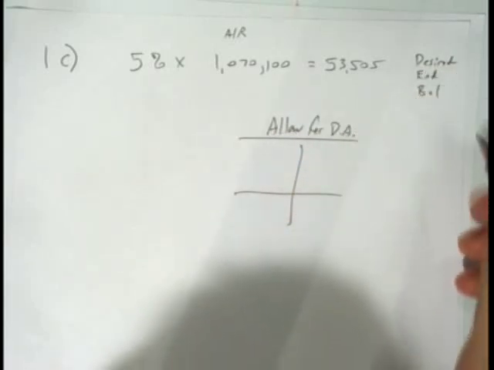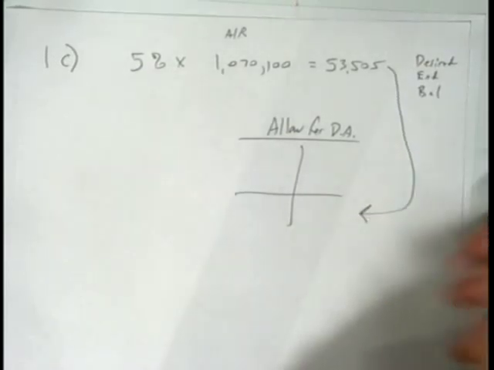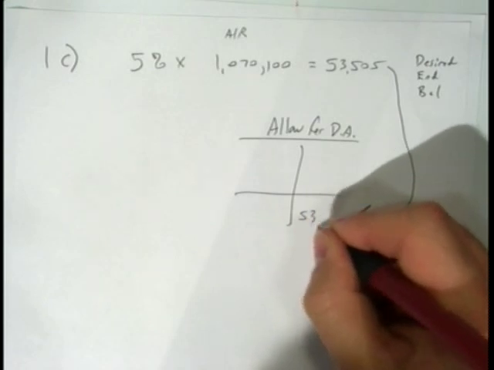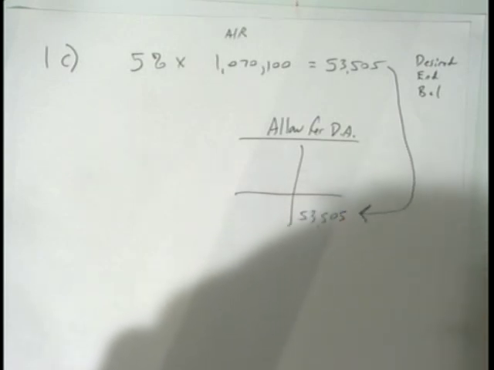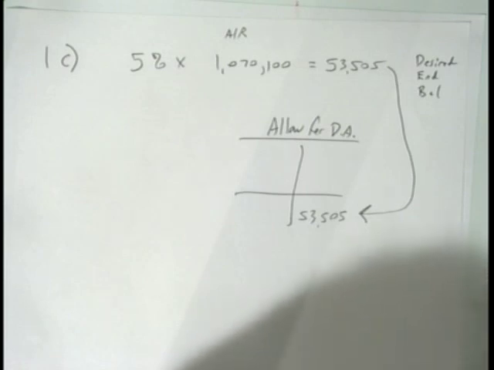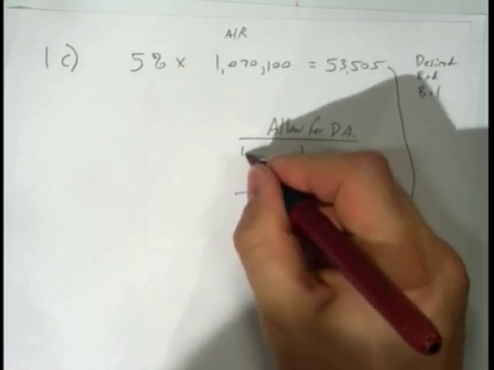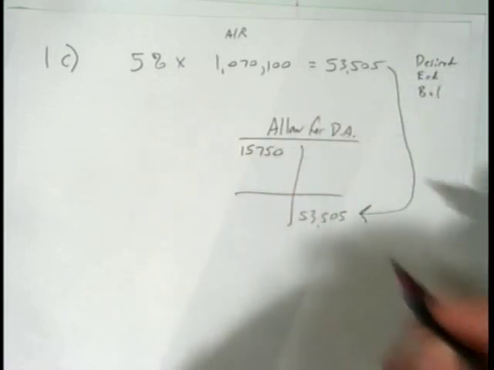This number that we just calculated, that's what we want to be right here, right? 53,505. Correct? However, we have a beginning balance in there, don't we? What's our beginning balance of allowance for doubtful accounts? 15,750 debit balance, right? Okay.